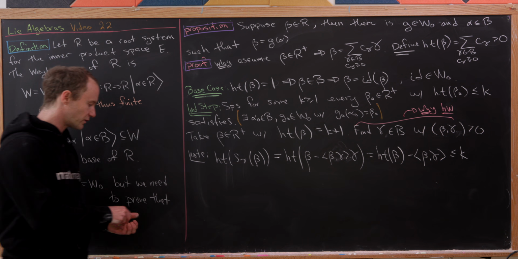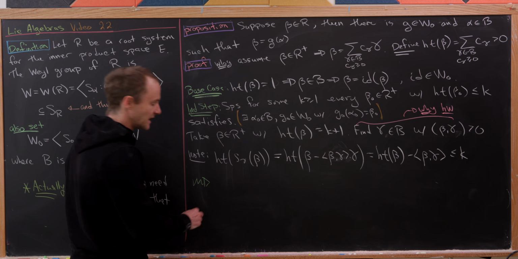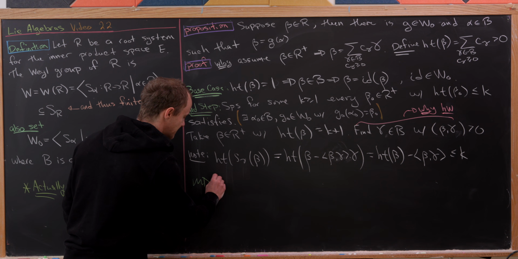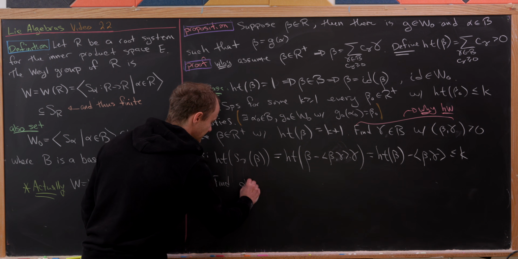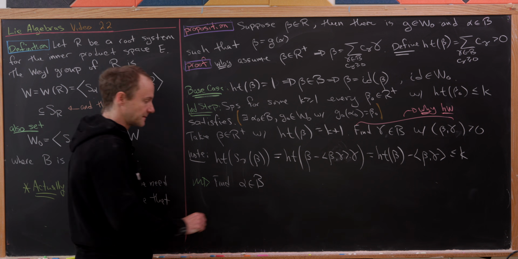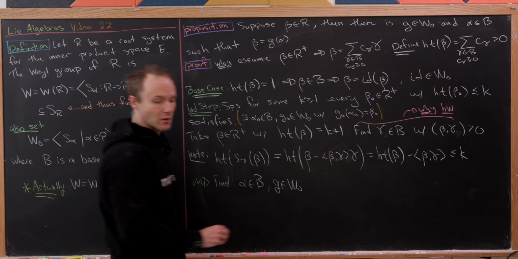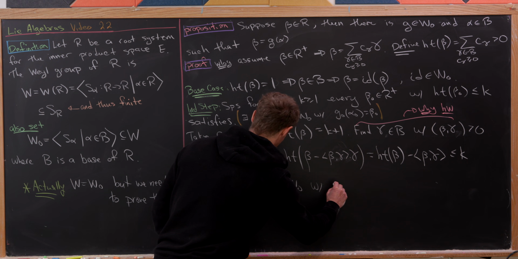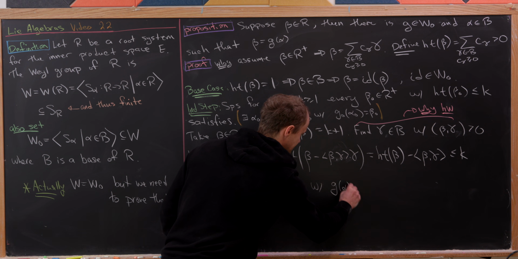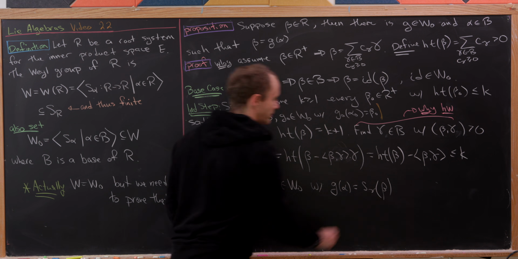But if it's less than or equal to k, we can apply the induction hypothesis. And that's going to allow us to find something called alpha in B, so a basis root vector, and a G inside of W naught, where we have G applied to alpha equal to S gamma applied to beta.